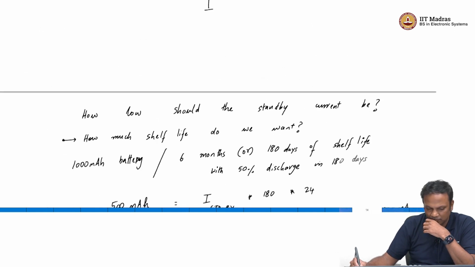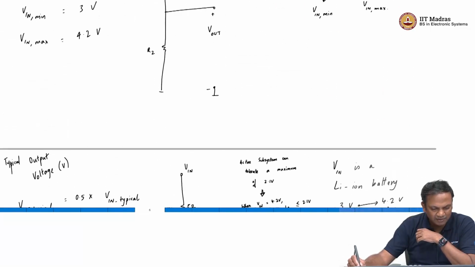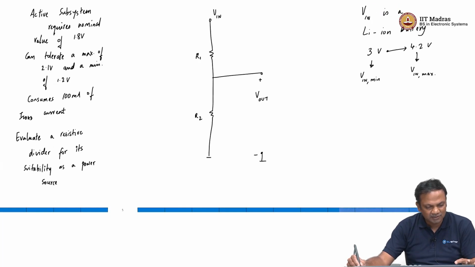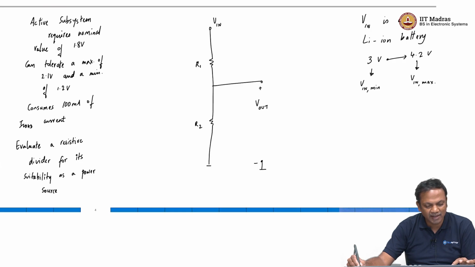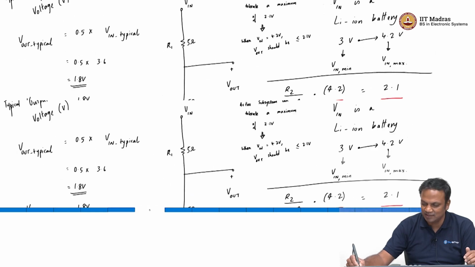So, you might recall that when we started off, we said that our active subsystem requires a nominal voltage of 1.8 volt, can tolerate a max of 2.1 volt and a minimum of 1.2 volt. That is what we started off with.